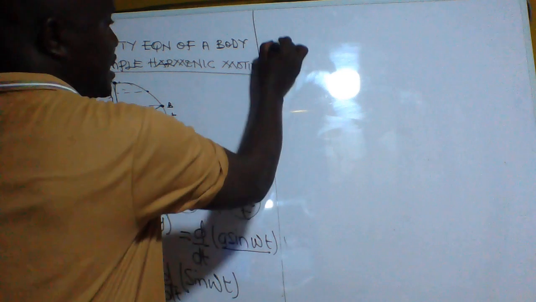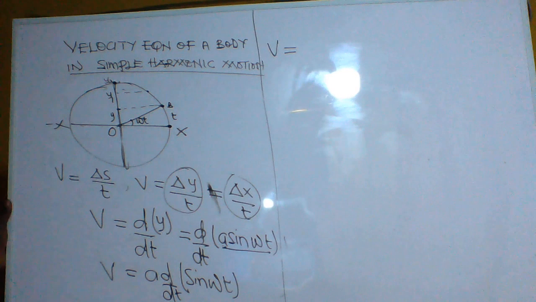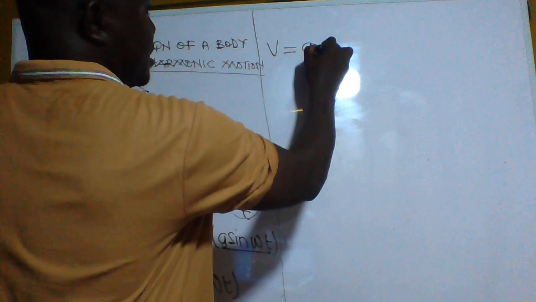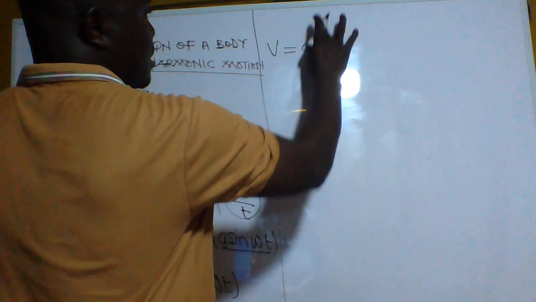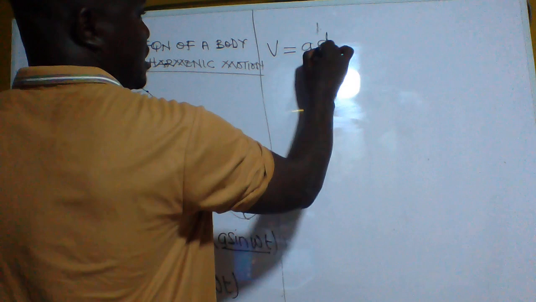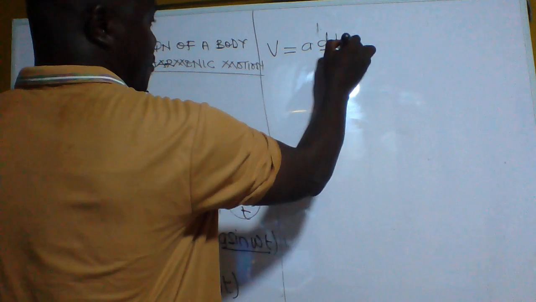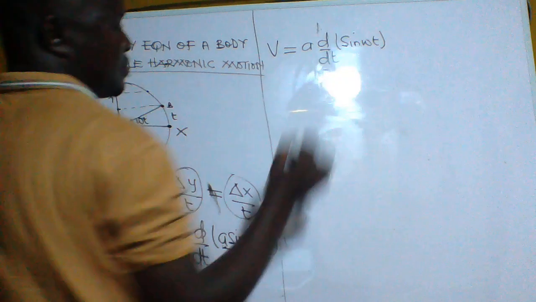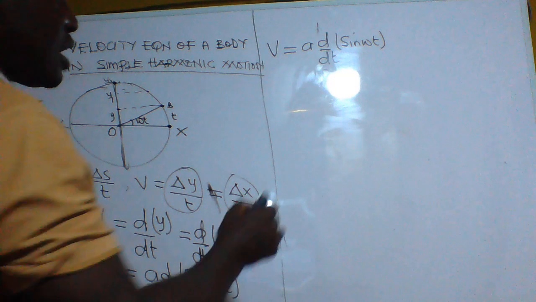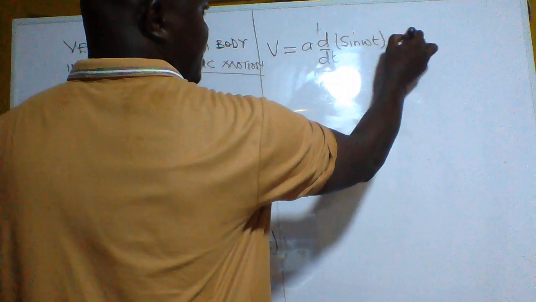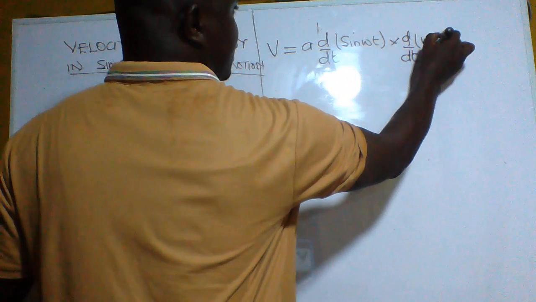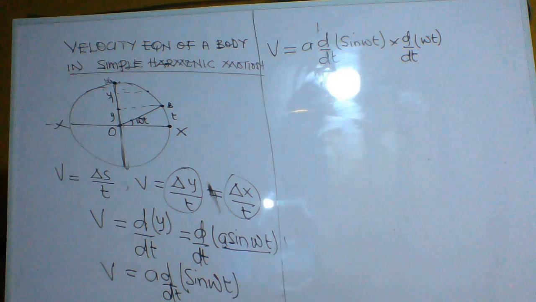So we have V being equal to A out. The mother function actually is d/dt of sine omega t, then the differential of the daughter function d/dt of omega t, similar to what we applied.